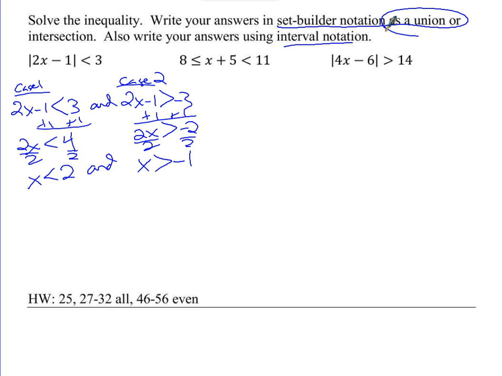So instead of writing and, I have to write a symbol. What symbol do I have to write? Is it the U or is it the upside down U? It's the upside down U. And is an intersection. So I'm going to write squiggly bracket x values such that x is less than 2 intersection with upside down U, x is greater than -1.